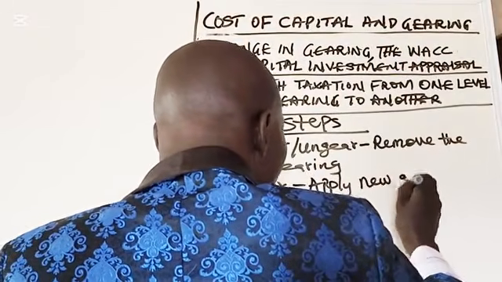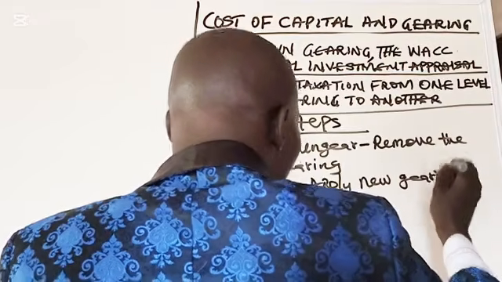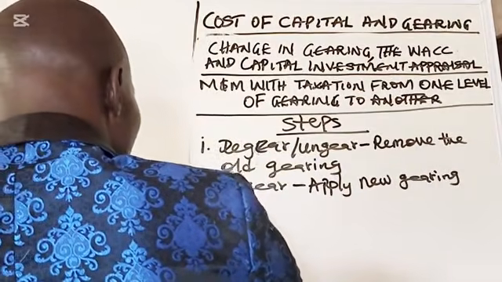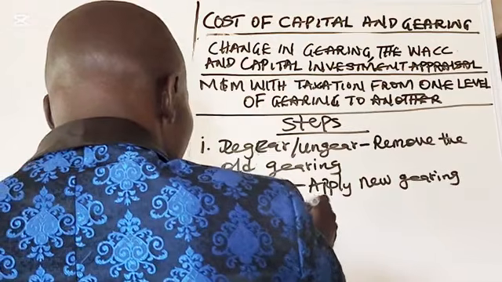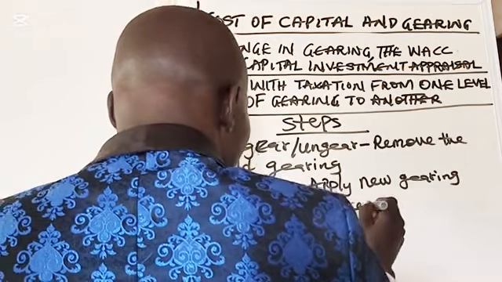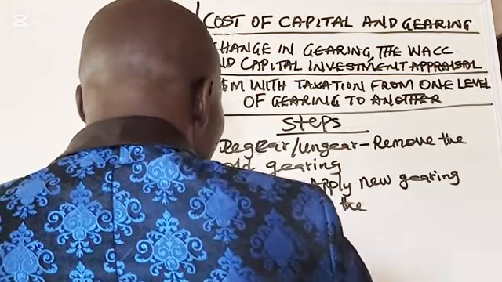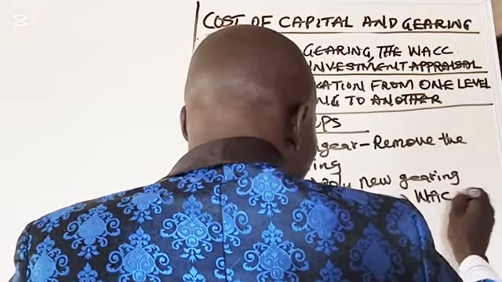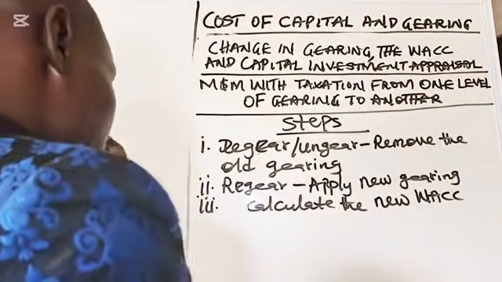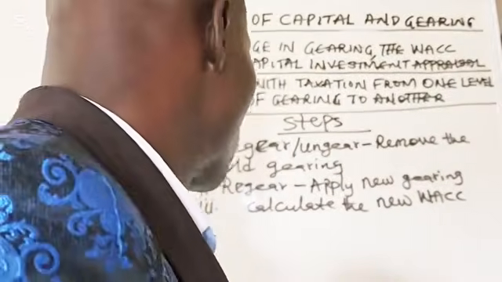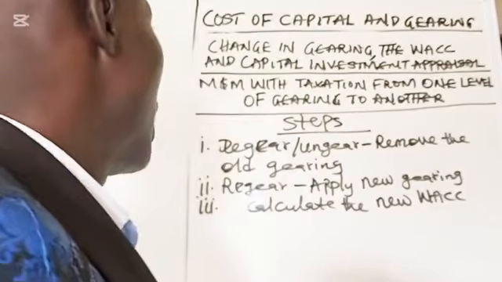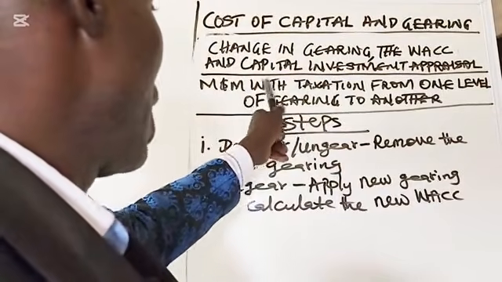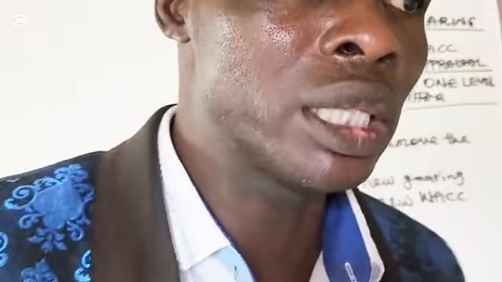Step 3, calculate the new WACC that will be used in project appraisal. These are the steps to follow when a business changes gearing, in accordance with M&M Propositions with tax.